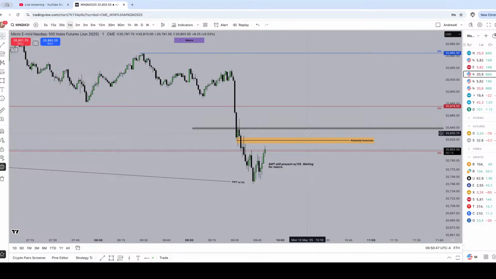My narrative is bullish, obviously, because of what this macro did. See that trend lower? That's signal for higher prices, but it has to go somewhere first to get here. So I'm looking for reasons to long down here in a discount to get here with SMT still present, right?